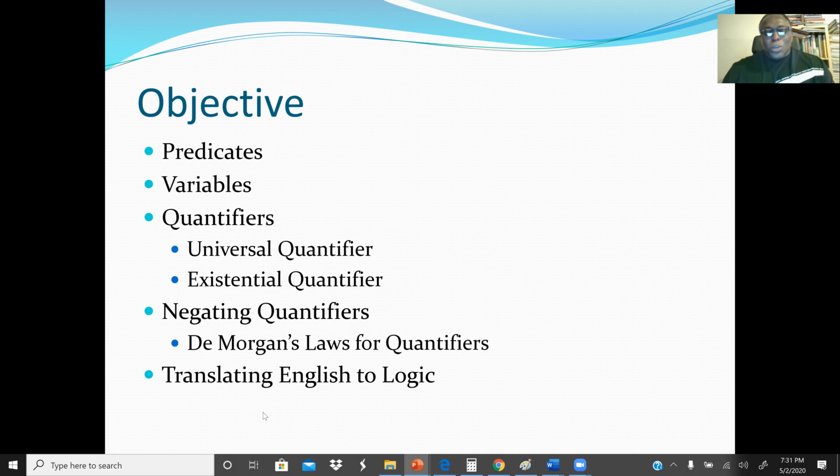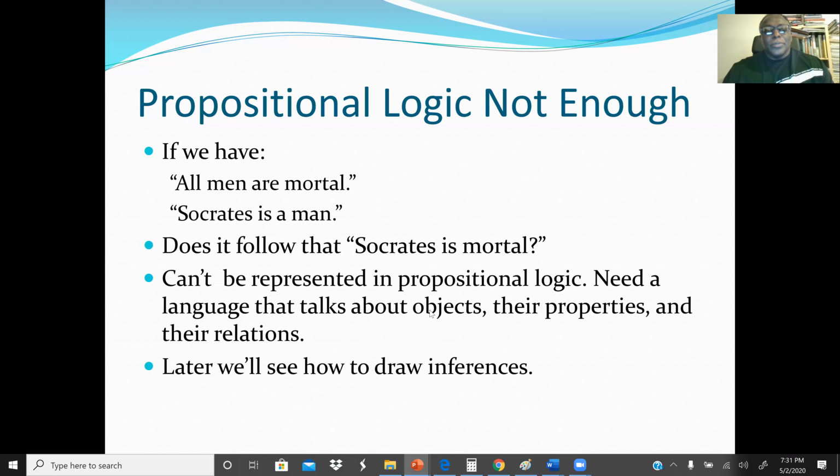Then we will go through some examples of how we can translate English to logic, propositional functions, using variables and also the quantifiers. So propositional logic is not enough. That's the first statement we have here.